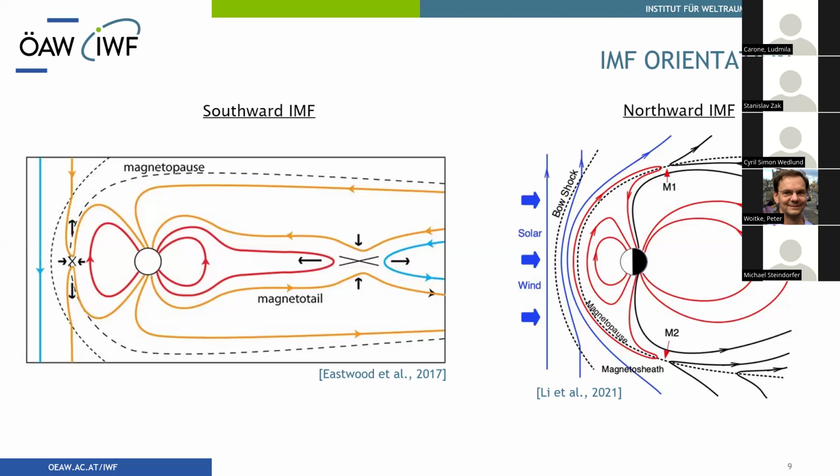Now, if we think of the other IMF configuration, northward, the solar wind field will just be pointing upward, the same way as the Earth magnetic field. They will not reconnect here in this region, but they can reconnect at higher latitudes. Now, this is not so much important for this talk, but as you can see from this sketch alone, you have very different behavior of the magnetospheric system itself during these 2 IMF conditions.